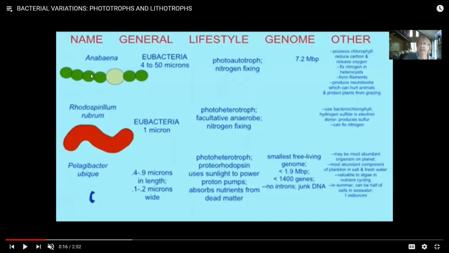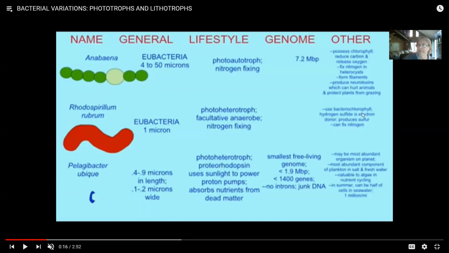So here is a bacterium called a blue-green alga or cyanobacterium. It performs photosynthesis. So does Rhodospirillum. They are both phototrophs in that they're getting their energy from the sun.